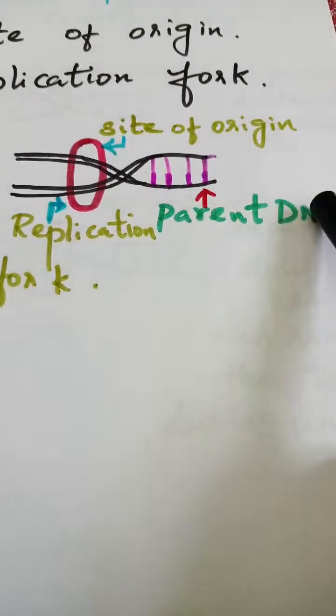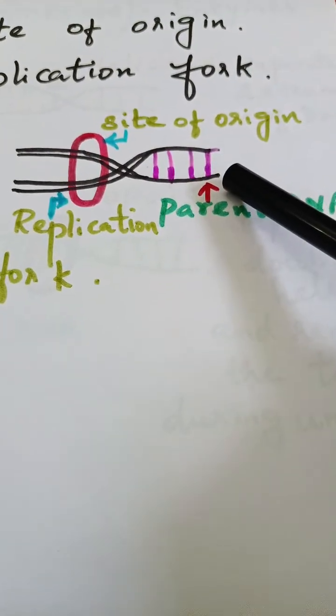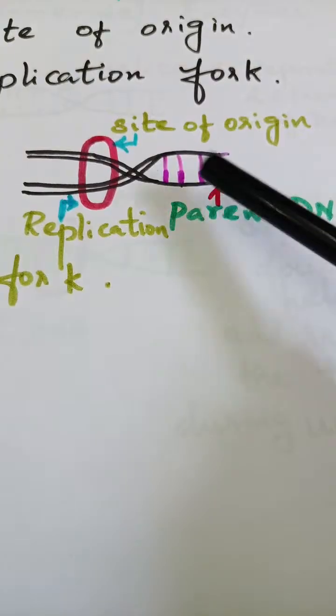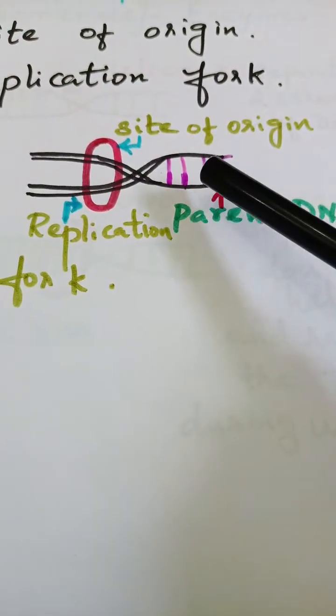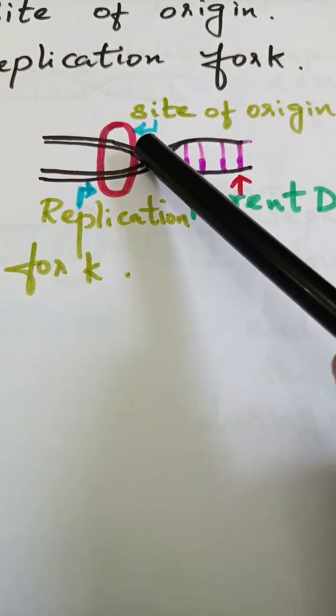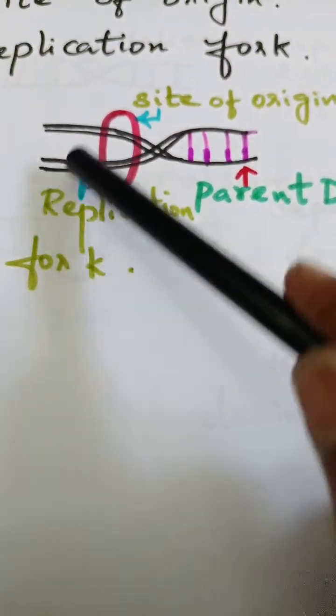This is the parent DNA, the double helical structure. It is going to find a position where it will start the exact copy of replication. This is the place of origin, the site of origin where the DNA replication fork will be formed. This red circle which I have given here is the replication fork.